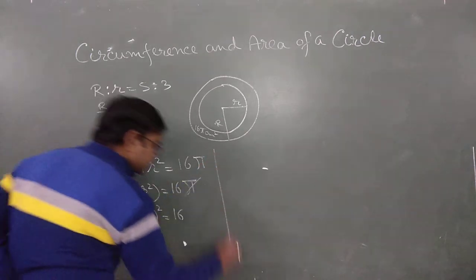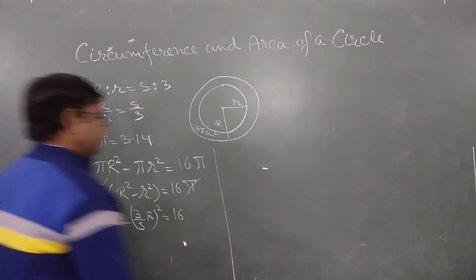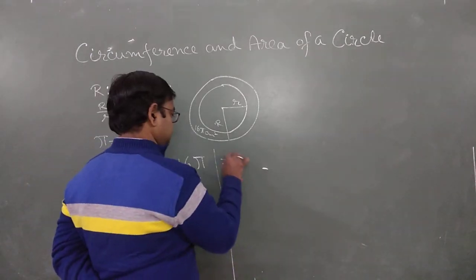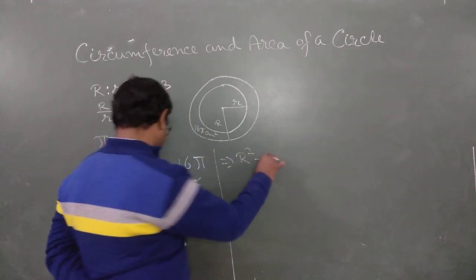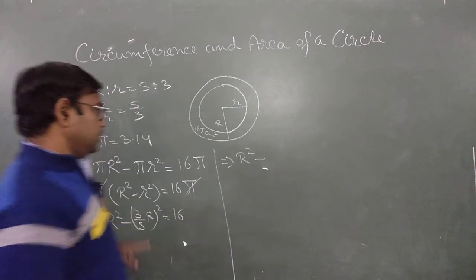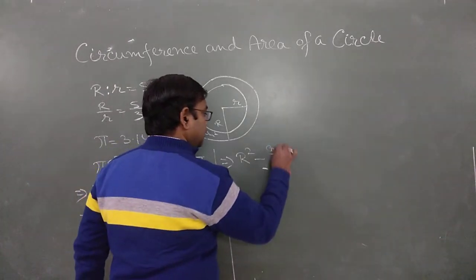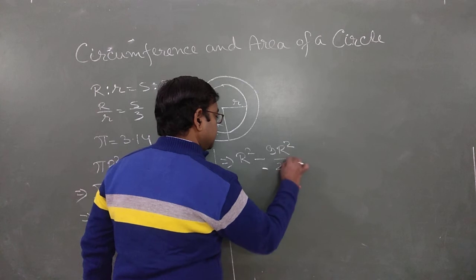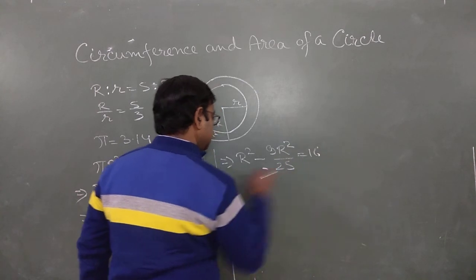Now when you solve this one, you have the value of capital R. So R square minus 9 R square upon 25 equals 16.